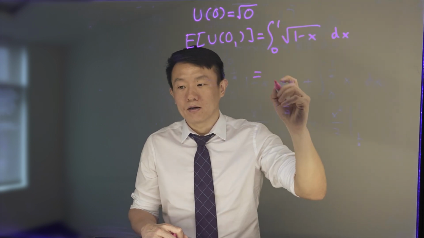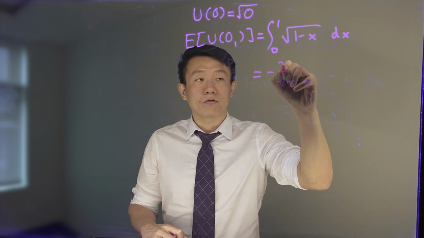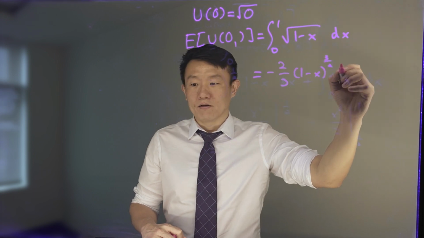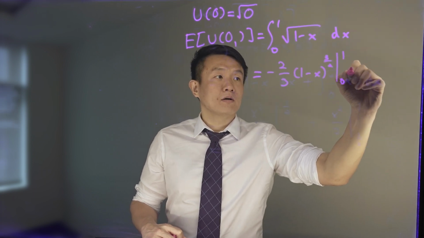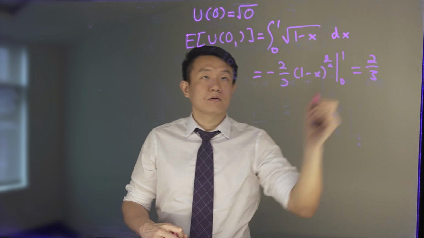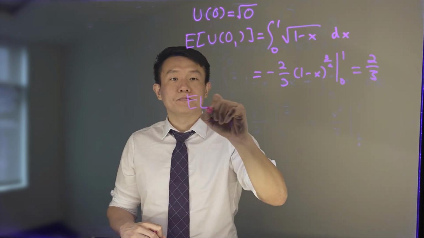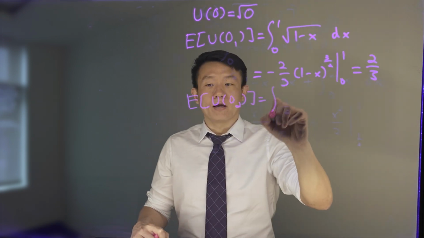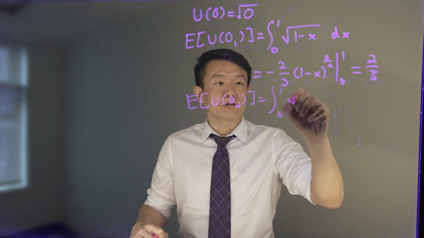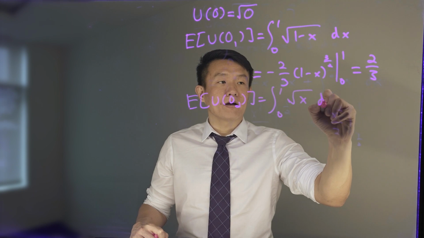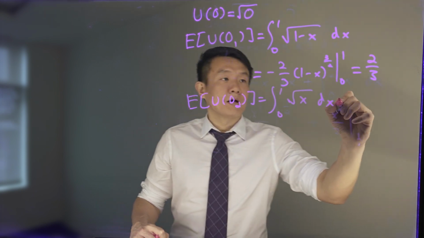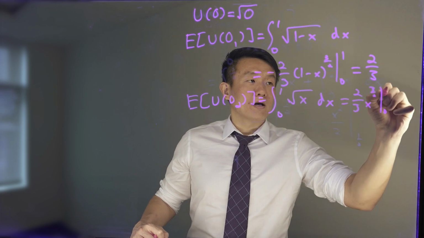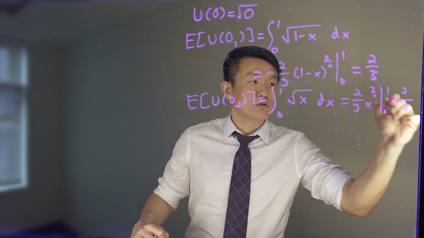That's going to be minus 2/3 times (1 minus x) to the 3/2, evaluated from 0 to 1, or 2/3. And likewise, the expected utility of a biofuel car is going to be integrating the square root of x from 0 to 1. And that's likewise going to be 2/3.